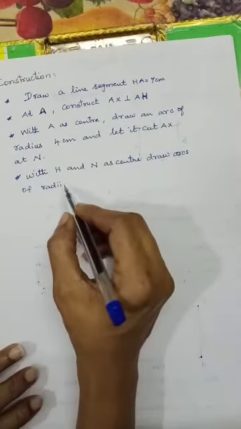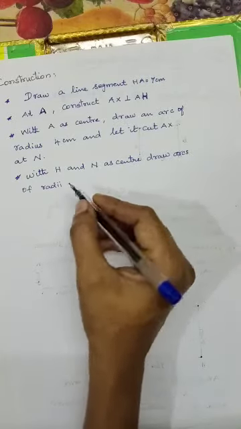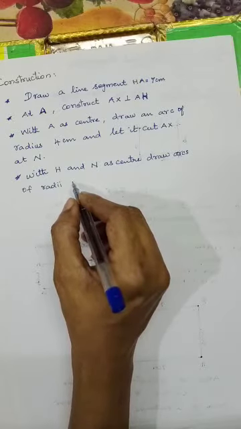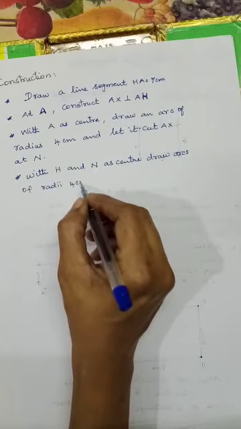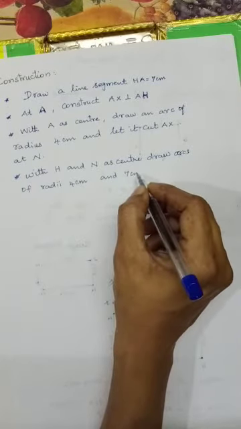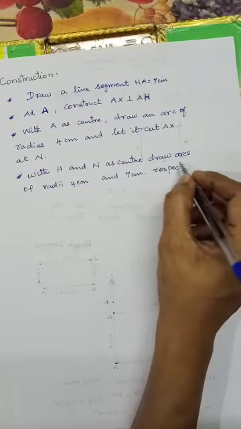Radii means it is plural. Singular it is radius. 4 centimeter and 7 centimeter respectively.